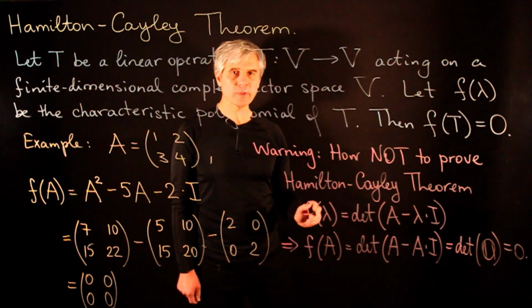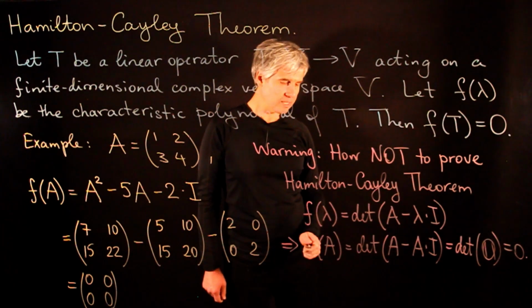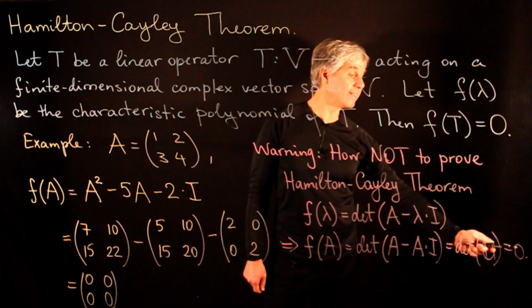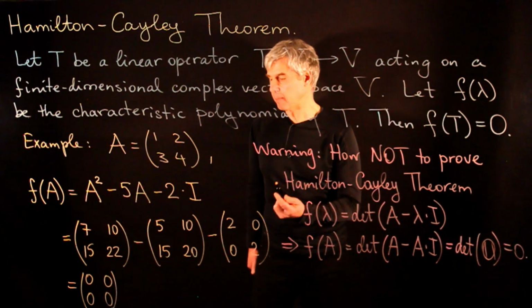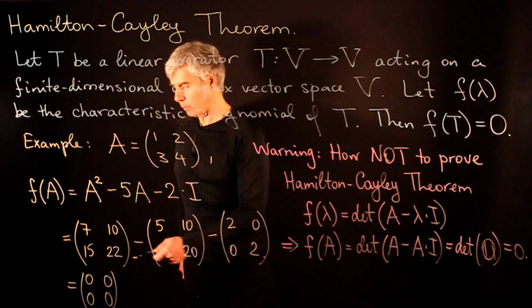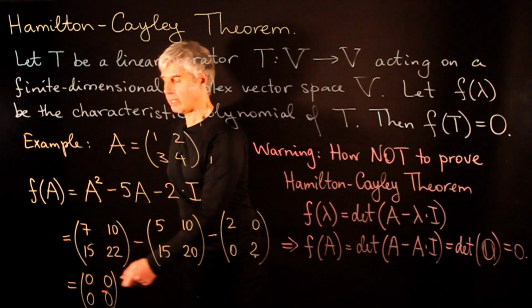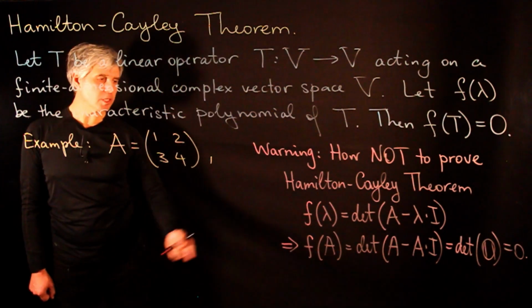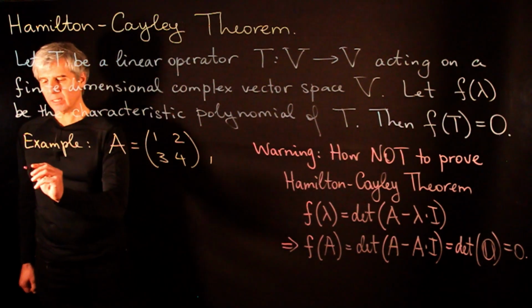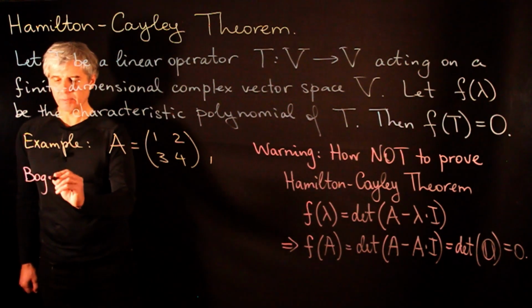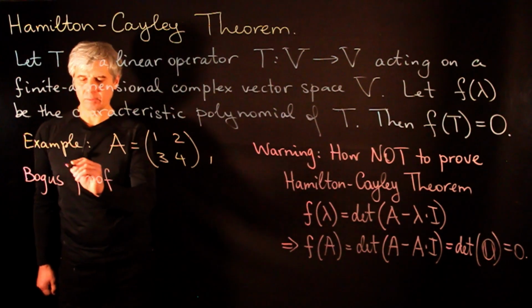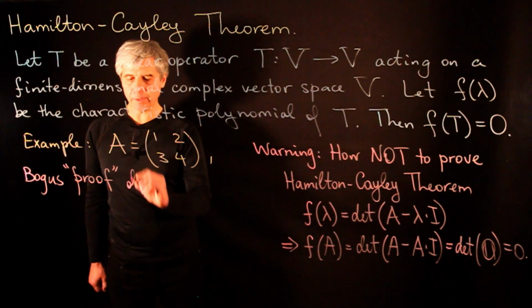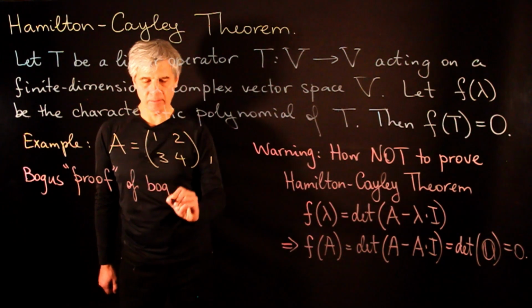This pseudo-proof is a complete fake. We can see that the answer here is a number, whereas in Hamilton-Cayley's theorem, the claim is that the right-hand side of this equality is a zero linear operator. Using the same fake method, we can give a bogus proof of the following bogus result.